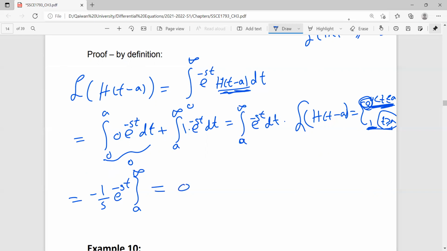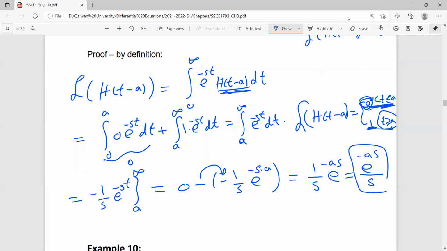It equals 0 minus, then we replace t by a. We get minus 1 over s e to the power minus s times a. Negative times negative is positive, so it is 1 over s e to the power minus as, which is e to the power minus as divided by s.